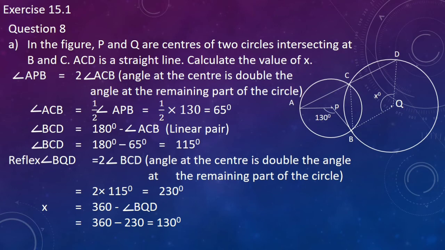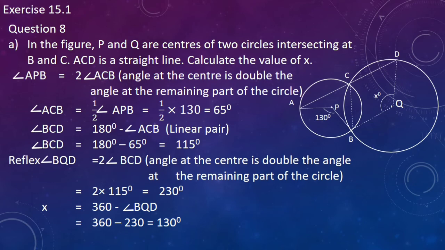Question 8a. In the figure, P and Q are centers of two circles intersecting at B and C. ACD is a straight line. Calculate the value of x. Here, angle APB is equal to 2 angle ACB, because angle APB is subtended by the arc AB at the center and angle ACB at the remaining part of the circle.